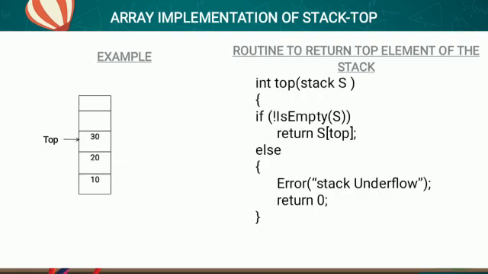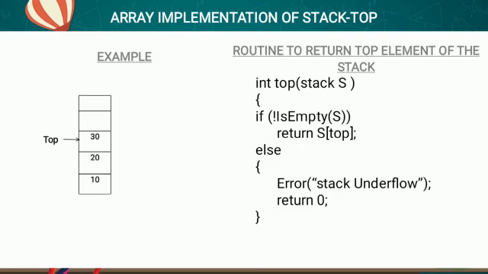Next we see the routine to return the top element from the stack. Normally the pop routine is used to delete the top element. If the user needs to know the last element inserted into the stack, then the user can return the top element.